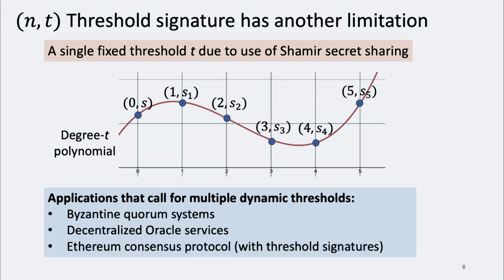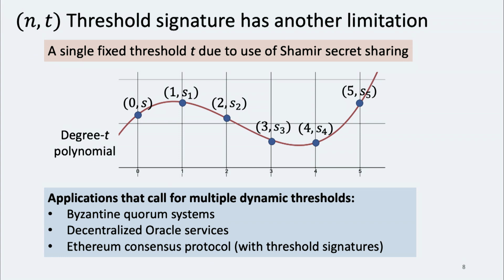Whereas we have some new applications that call for multiple dynamic thresholds. In these applications, sometimes we want half of the people to sign, sometimes 2/3, or sometimes 3/4, actually anywhere in between. So a traditional threshold signature wouldn't support such a use case of multiple dynamic thresholds.